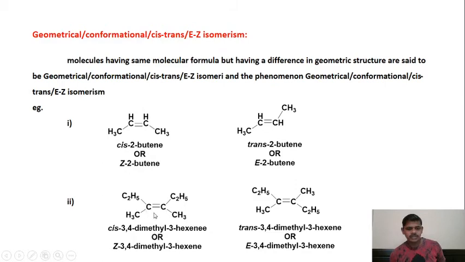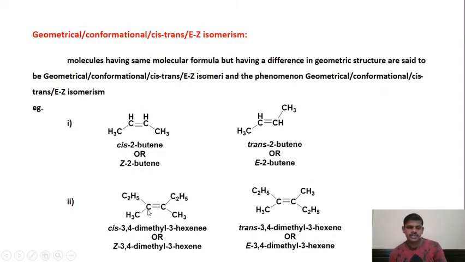The double bond is between the third and the fourth carbon, so we take the first number, 3, not the fourth, so 3-hexene. You can count from here or from here; the position of this carbon and this carbon is the same.